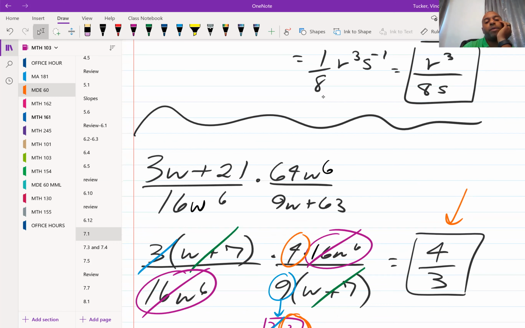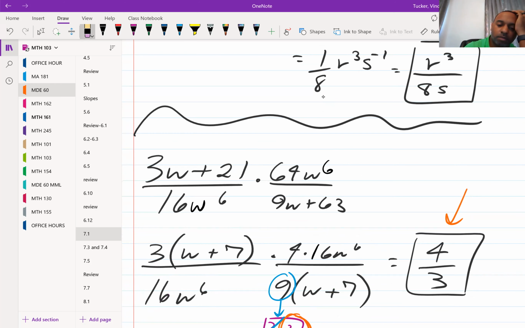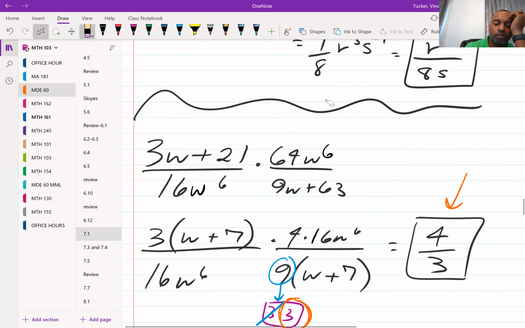So here we have (3w + 21) over 16w to the 6 times 64w to the 6 over (9w + 63).